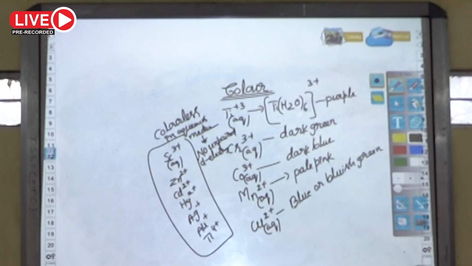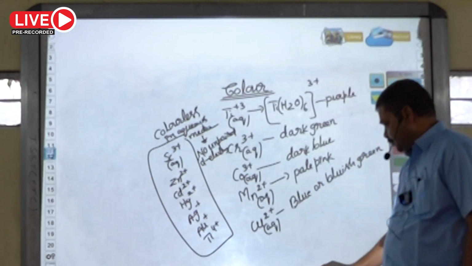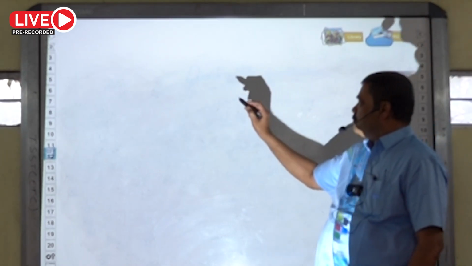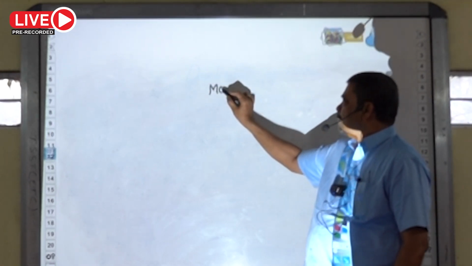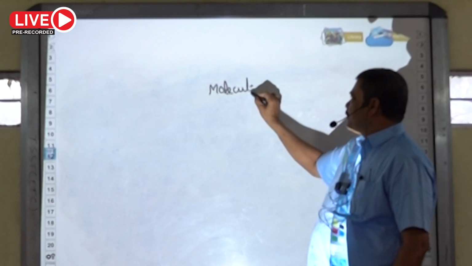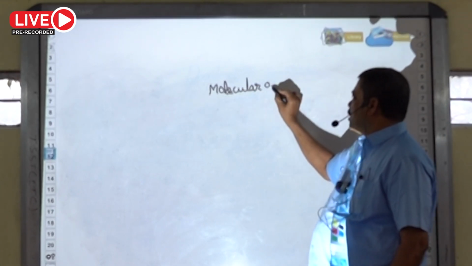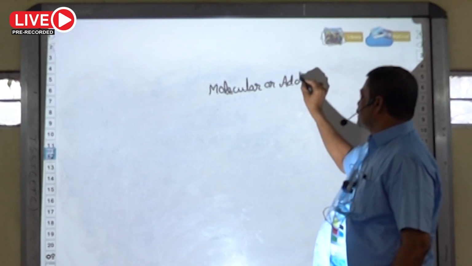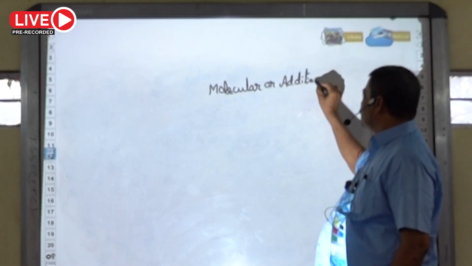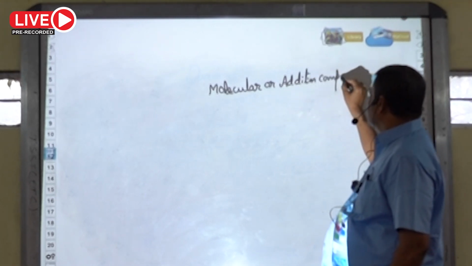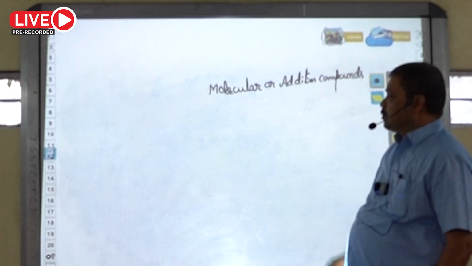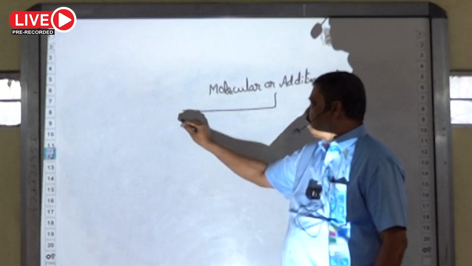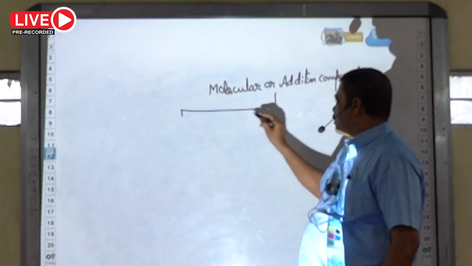So this is all about color. Next one. Molecular or addition compounds. These molecular or addition compounds are divided into two types.